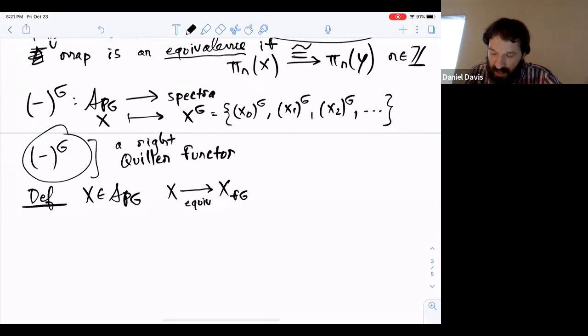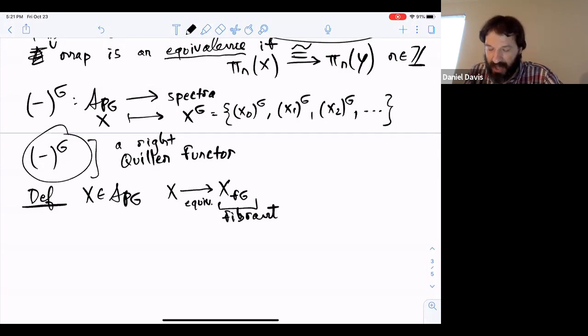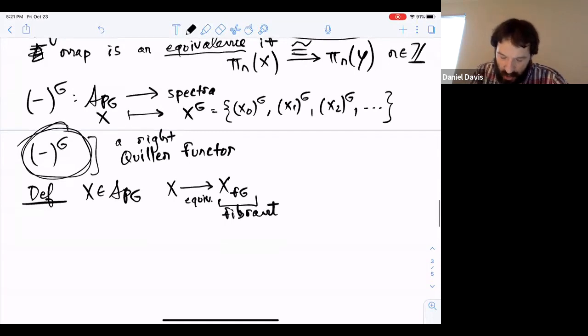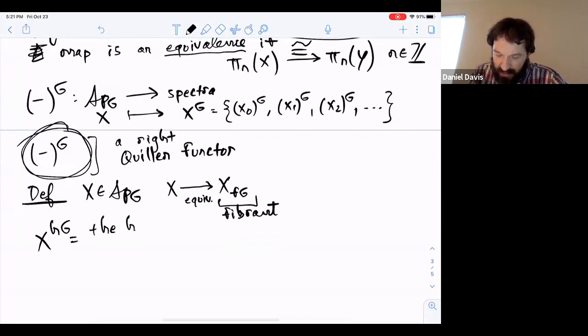This is an equivalence, and this object is fibrant in that category. That means this right Quillen functor behaves very nicely on it. And so we make the following definition: XHG is what we call the homotopy fixed point spectrum.